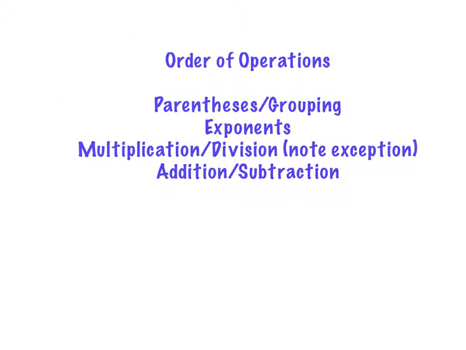Also want to review real quick the order of operations. Anytime we're evaluating, we start with parentheses and grouping, then move to exponents, multiplication and division, and addition and subtraction. Now, when we are doing those top to bottom, that's when we are evaluating, or as we've used it recently, checking.